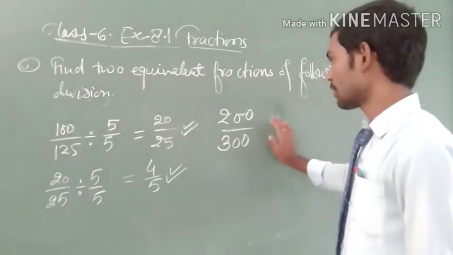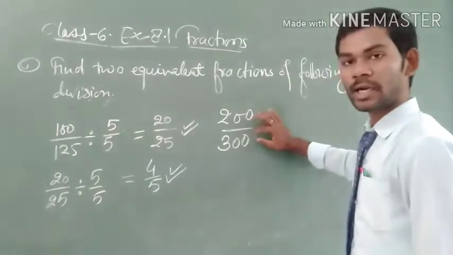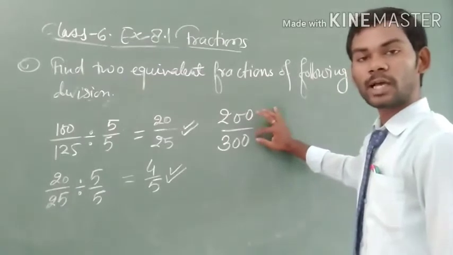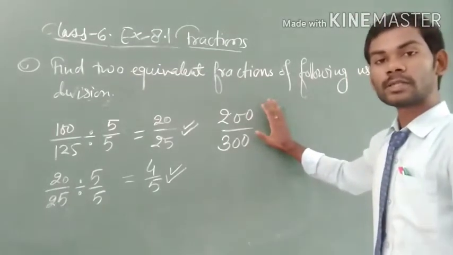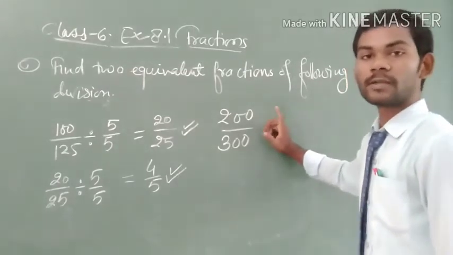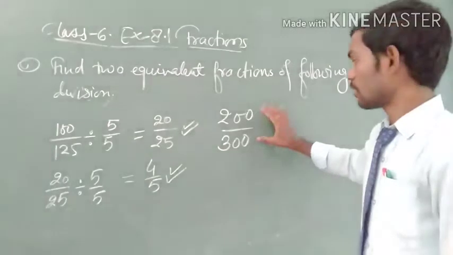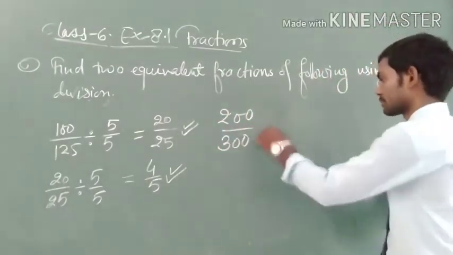Why? Because we can see that the unit digit of the numerator and denominator both is 0, and we know that a number whose unit digit is 0 is always divisible by 10. So let's divide.